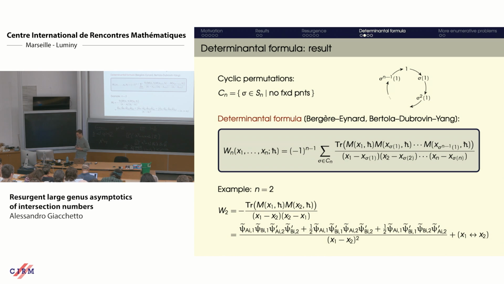And why is this formula relevant for me? Well, the main point here is that this formula is a kind of closed formula for the generating series of intersection numbers. And this closed formula involves only Airy and Berry functions that I perfectly understand in terms of the singularity structure of their Borel transform.